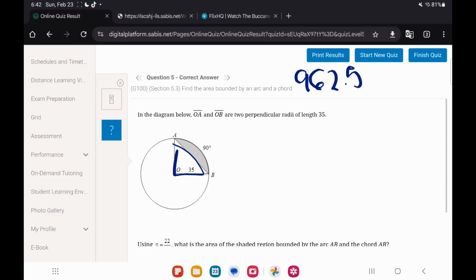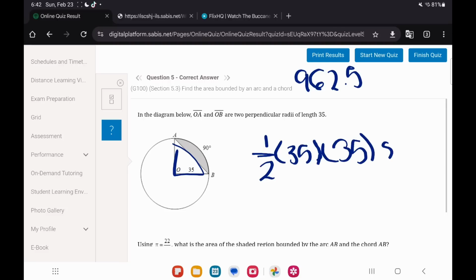The area of the triangle is half times 35 times 35 times sine 90. Sine 90 is the same thing as 1 if you want to simplify your life, but if you don't want to simplify your life, just do sine 90.